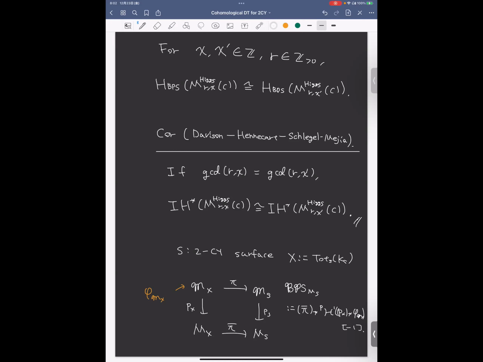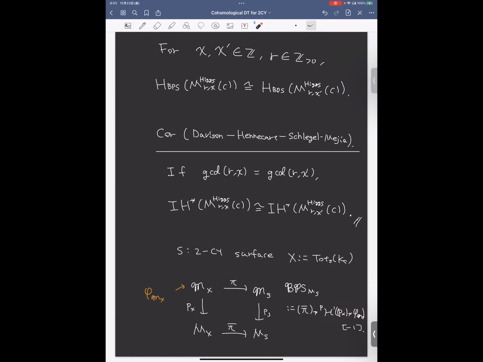This construction is due to Ben Davison and Kinjo, I think. What I'm doing here is taking the first perverse cohomology of this complex, and this operation corresponds to killing the equivariant parameter. So what we want to do is obtain a perverse sheaf, so we need to kill the equivariant parameter.